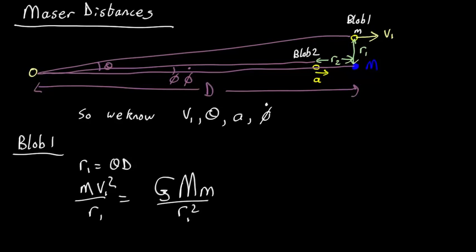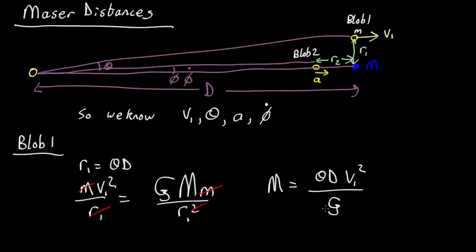So rearranging that, the mass of the actual blob cancels out, one of the r1's cancels, and we get an expression for the unknown mass of the black hole: the mass of the black hole equals r1, which is theta d, times the velocity, which we know, squared over G. So the only thing in this equation we don't know is how far away the maser is from the Earth.